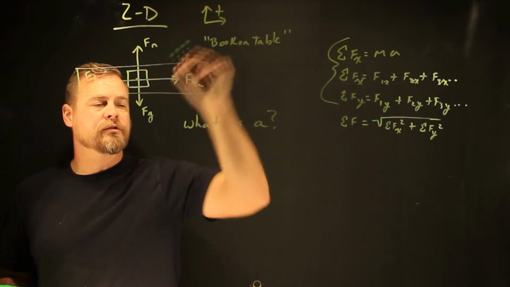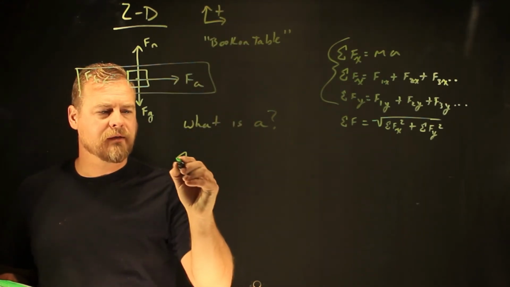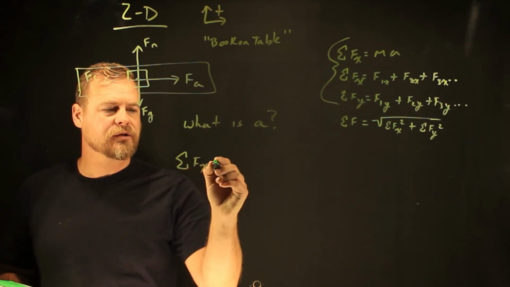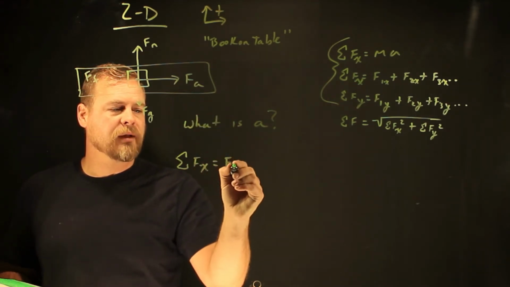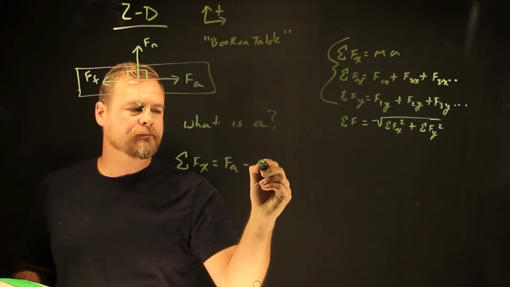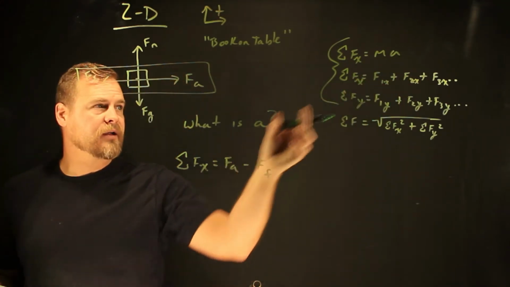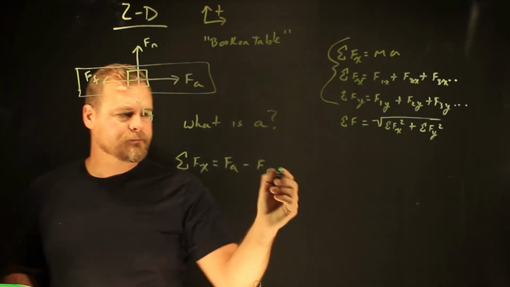Typically this goes into the direction of motion, so positive being forward. Alright, and so my net force in the x dimension is going to be equal to the applied force minus the force of friction. Now this is under some acceleration, so I can substitute ma into here.